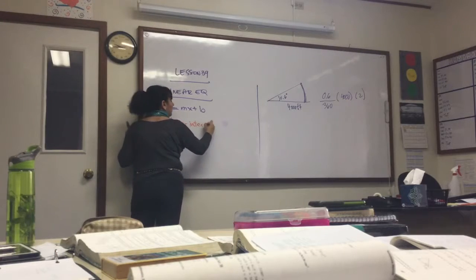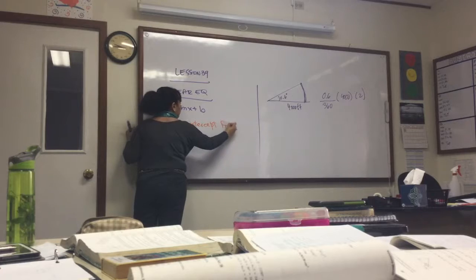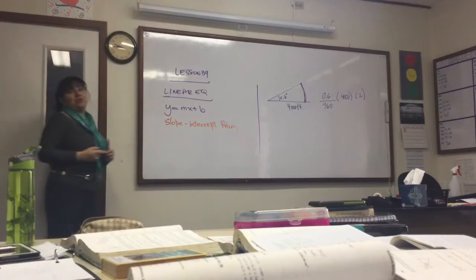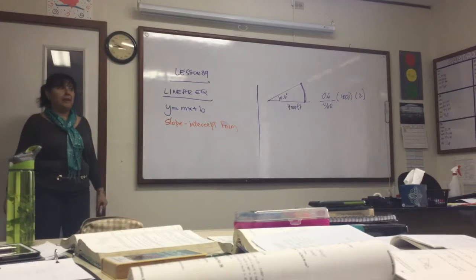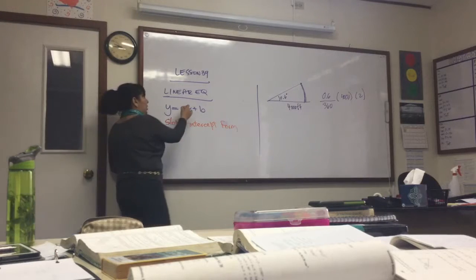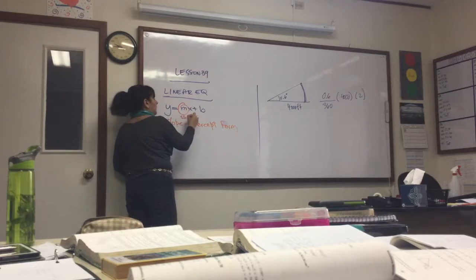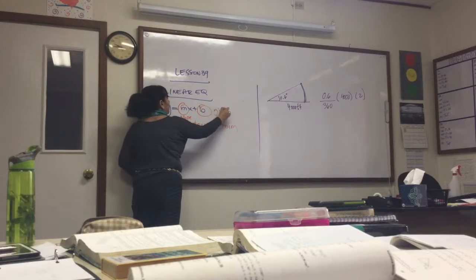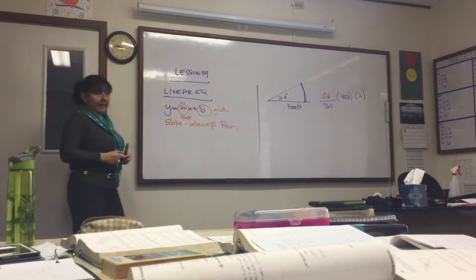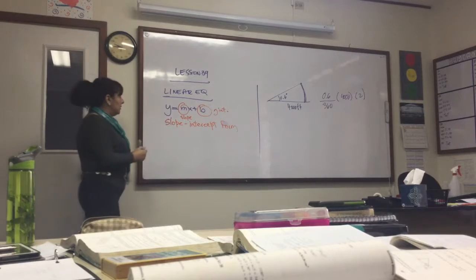Why do you think it's called the slope-intercept form? Because it's got the slope and the y-intercept. Okay? Hence the name slope-intercept form.